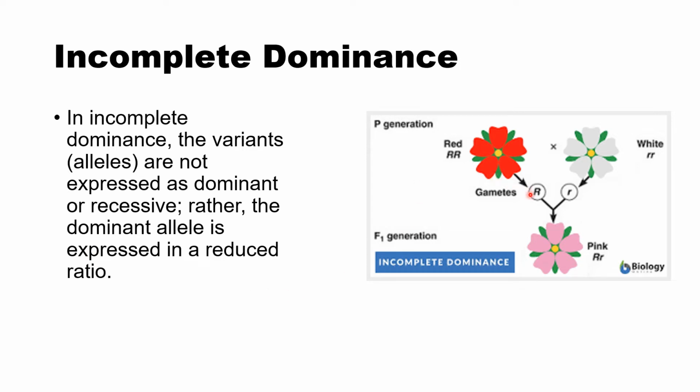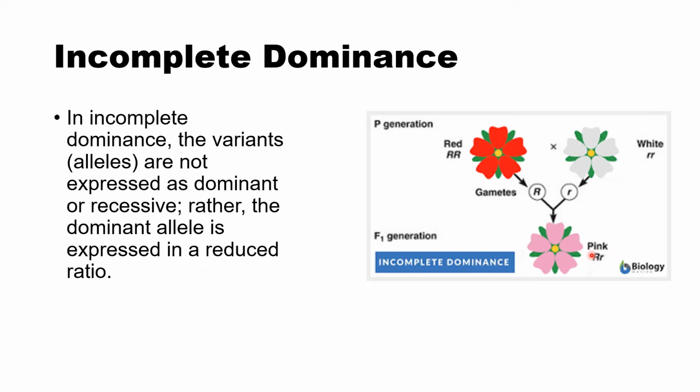So, yung offspring natin, yung gene niya, yung phenotype niya, it is not expressed as yung dominant or recessive. Hindi siya nagiging red, hindi siya nagiging white, pero it is a dominant allele that is expressed in a reduced ratio. Meaning, hindi talaga siya completely na red, pero reduce lang, na-reduce na red.